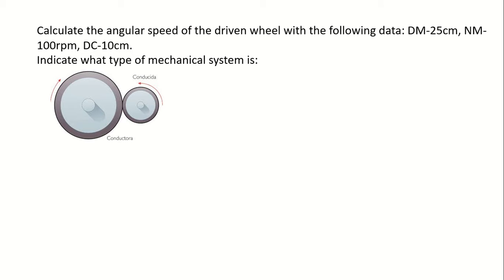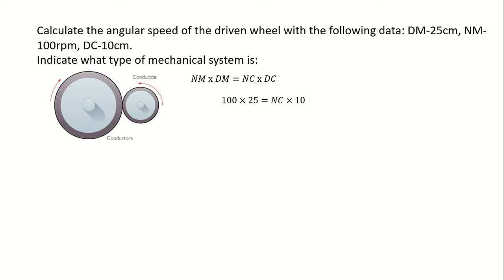So, calculate the angular speed. We're going to use a formula that we see in the first video of the review, that multiplies the speeds with the diameters of both. First of all, the speed of driver multiplied by diameter of driver is speed of driven multiplied by diameter of driven.